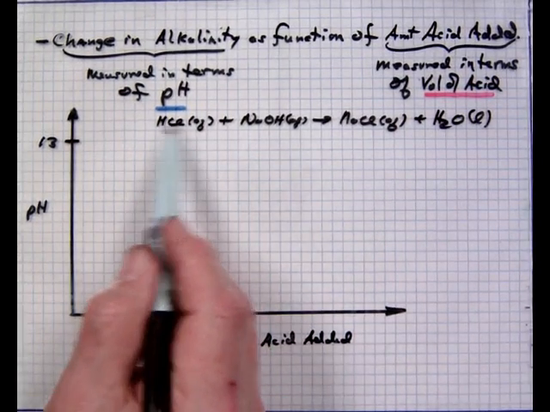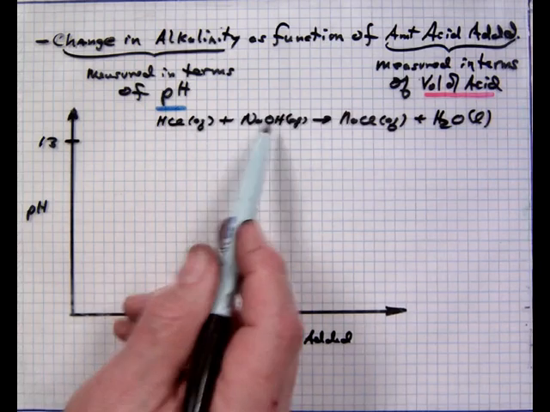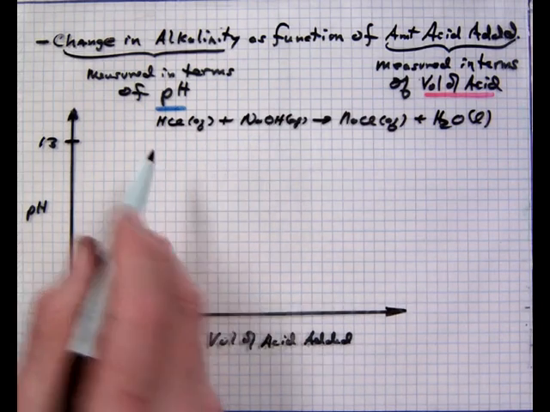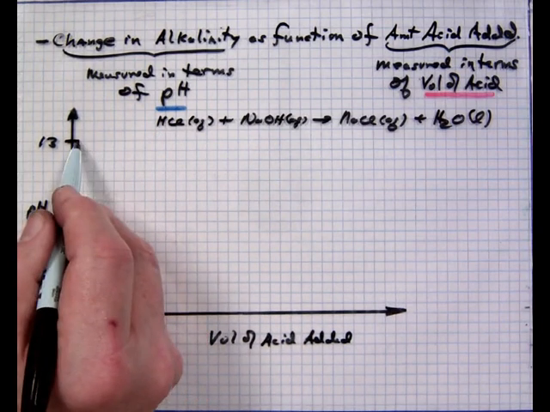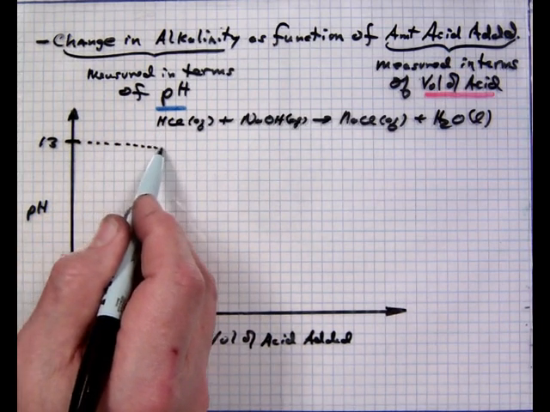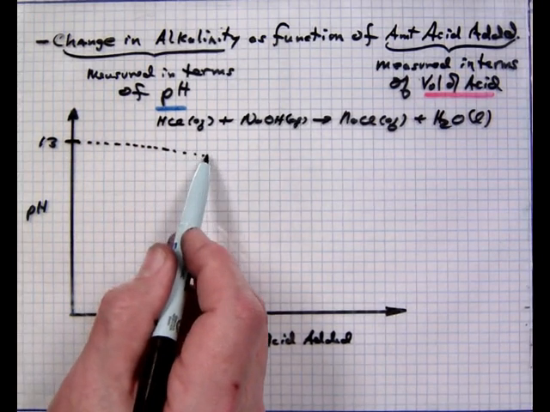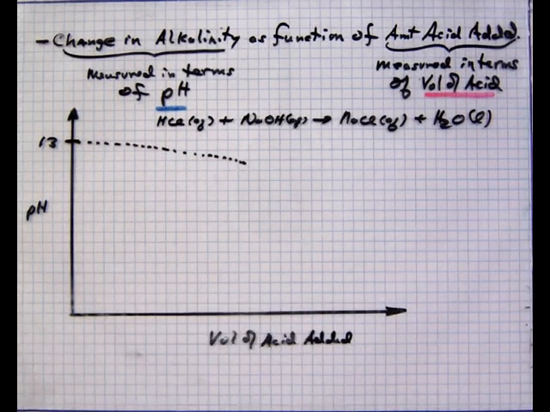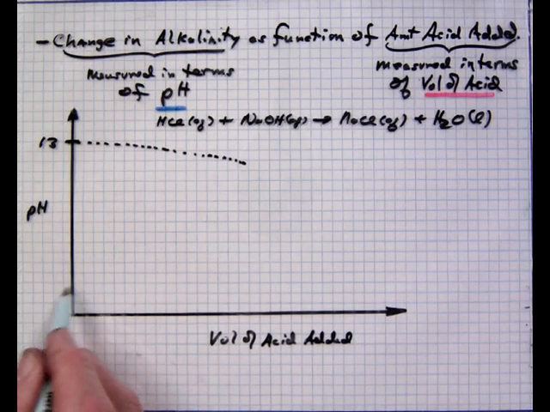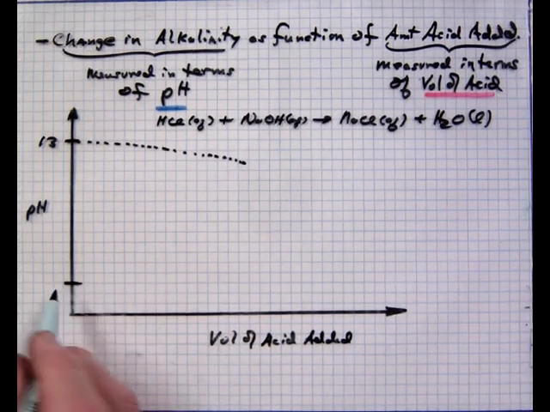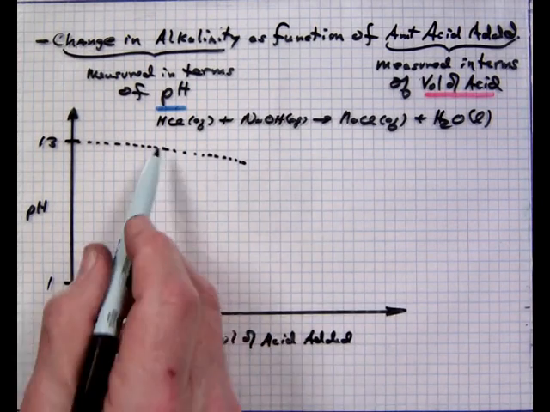So if we added a small quantity of acid onto the sodium hydroxide, we could start adding HCl in small quantities, and we'd find the trend would start moving toward the acidic end, start getting more acidic, which is down in here. So I'm going to say pH of 1 if you want to.